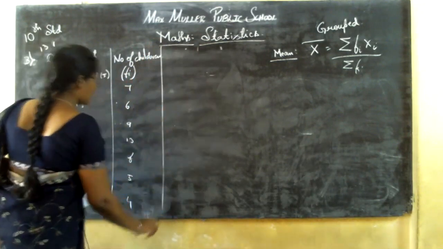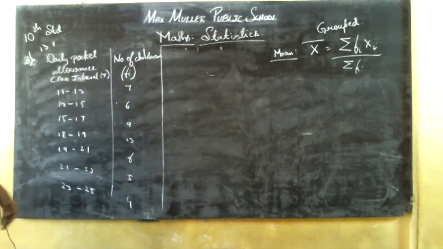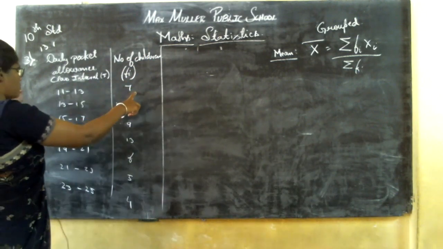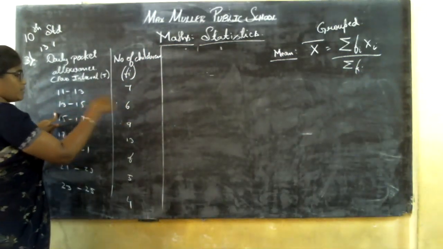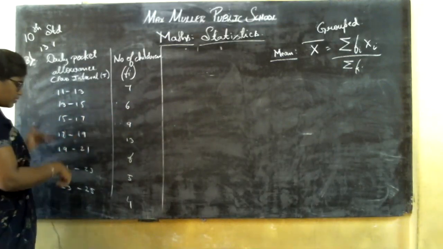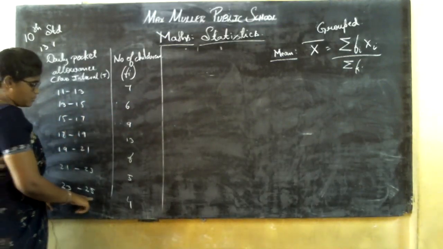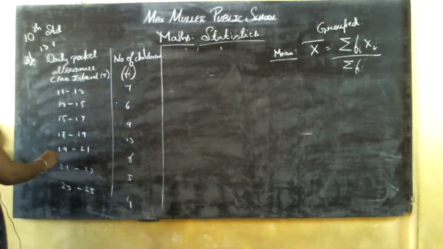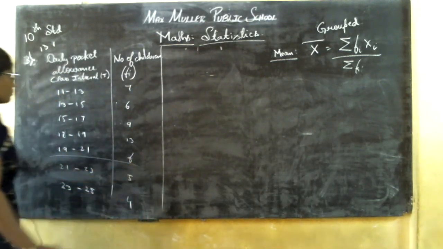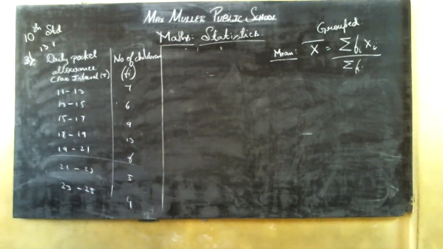Yes, this is the allowance. These are the children who had taken the daily pocket allowance, that is from 11 rupees to 13 rupees. It was 7 children who took 13 rupees to 15 rupees. It was 6. And coming similarly to the last one, 23 rupees to 25 rupees was given for 4 children. In the middle, you do not have the frequency for 19 rupees to 21 rupees.